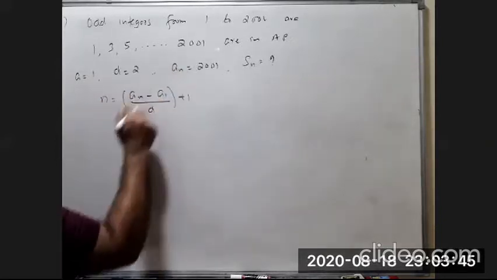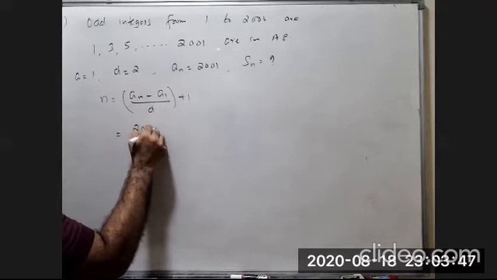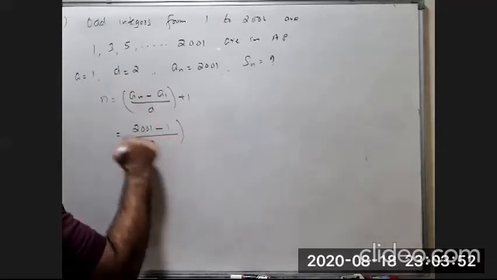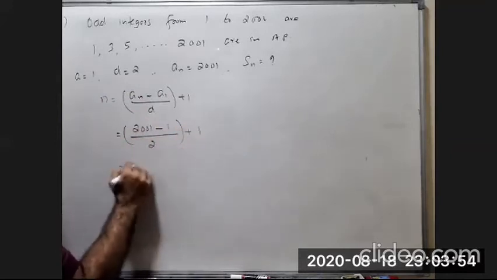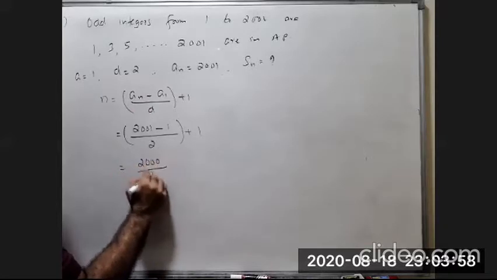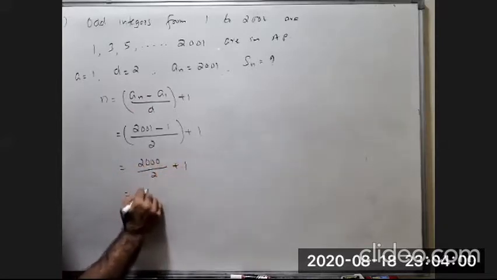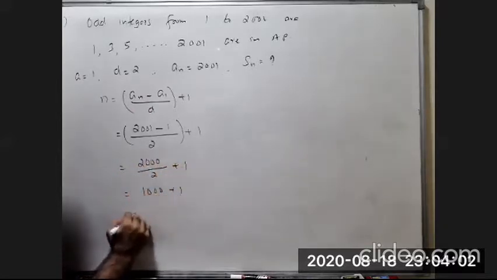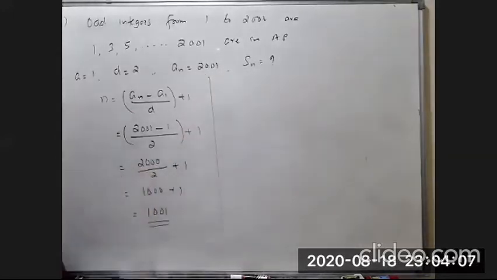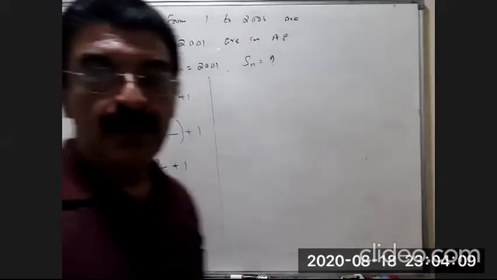What is an? 2001. a1 is 1, d is 2, plus 1, which is 2000 by 2 plus 1, thousand plus 1, which is 1001. This is n.